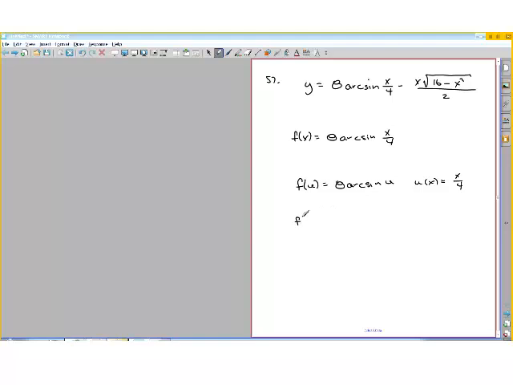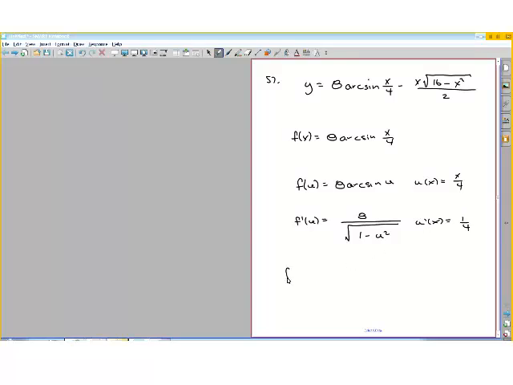So the chain rule always says we take the derivatives of each one of these, the f of u and the u of x. So here we're going to get 8 divided by the square root of 1 minus u squared. So the 8's from the constant. We get 1 over the square root of 1 minus u squared. And then we take the derivative of u, which is just 1/4, because the derivative of x is 1.